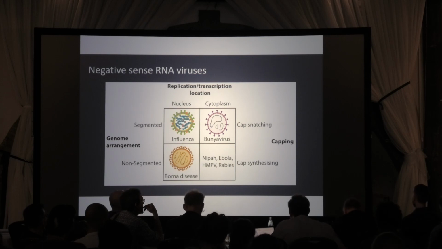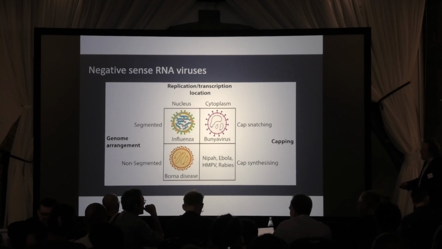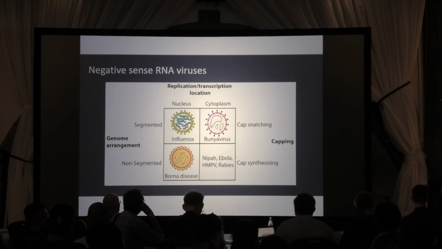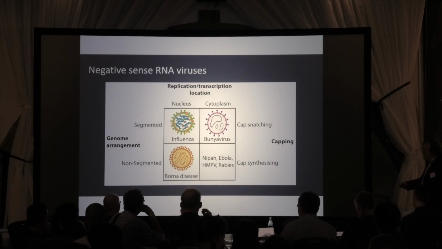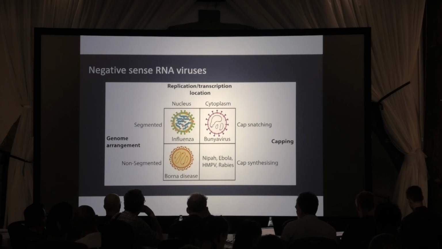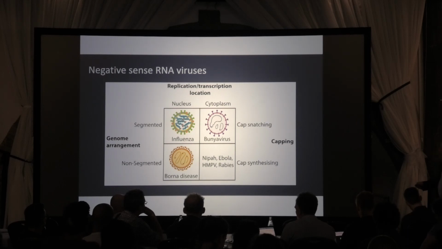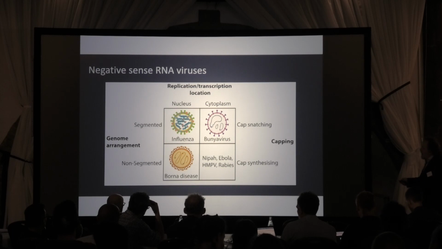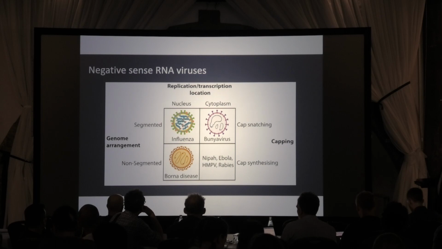RNA viruses that are important in terms of human health, and you can view them in a number of ways. You can have viruses that have a segmented genome or a non-segmented genome. They can be classified in terms of where they replicate and transcribe: the bunyaviruses and, say, Ebola and rabies transcribe and replicate in the cytoplasm. Flu and Borna transcribe and replicate in the nucleus.